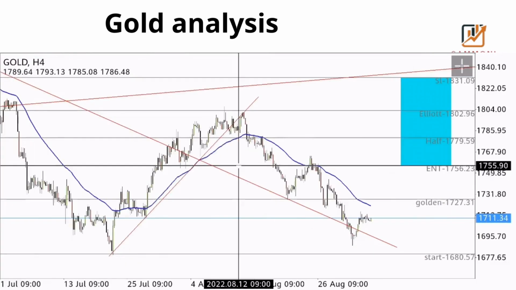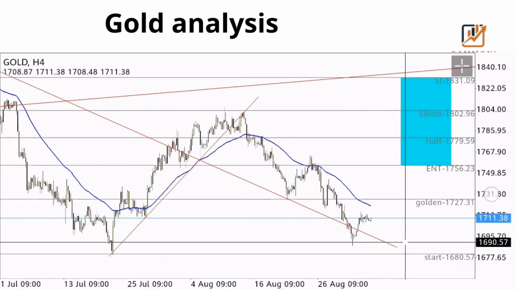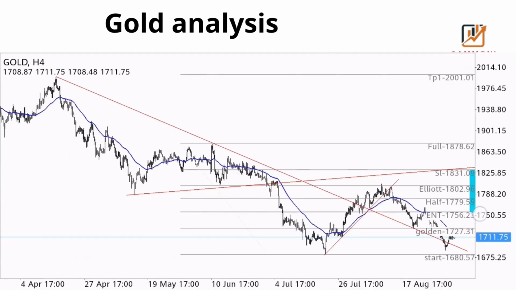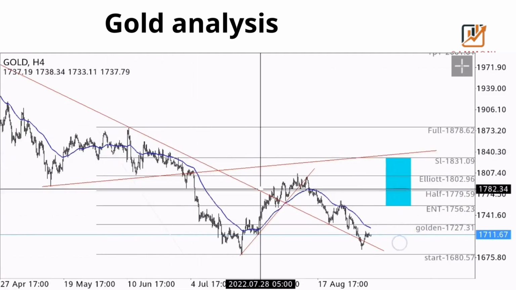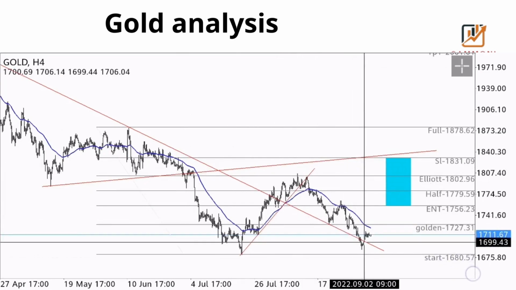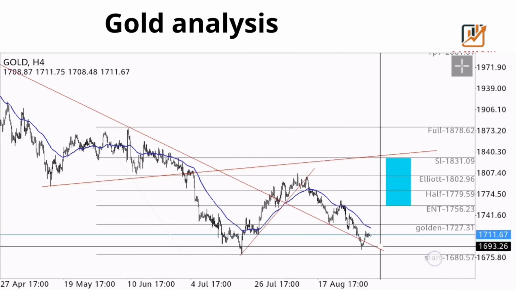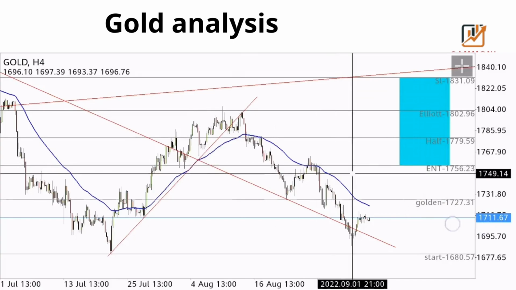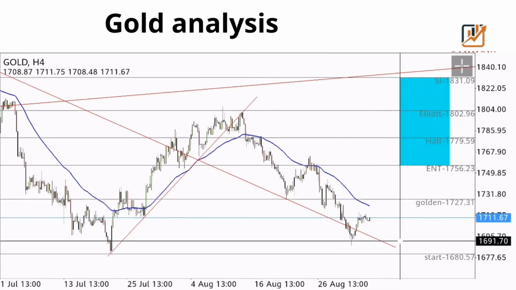I suggest that until the market is holding above the 1690 level, and this is the broken H4 trend line, and the market is hovering outside this trend line and testing the support level. Now the market has the ability today to go toward the 1727 level unless it stops holding above 1690.